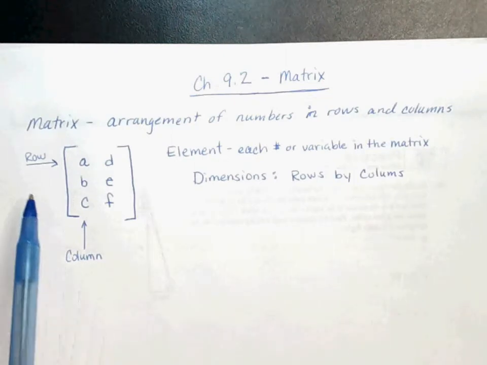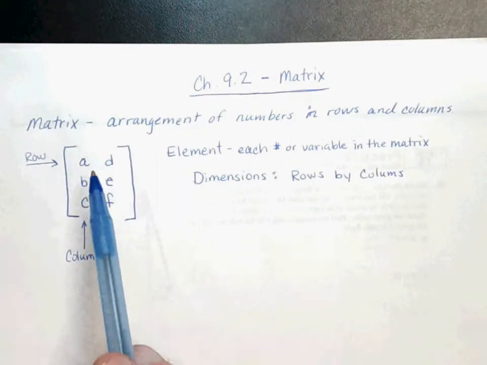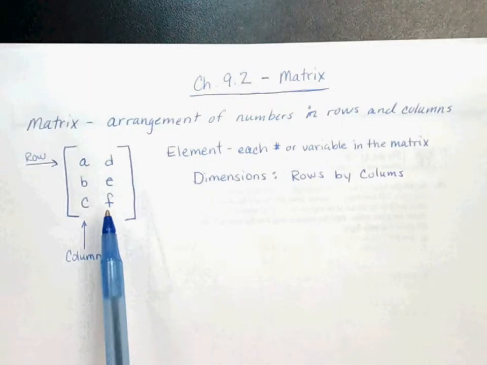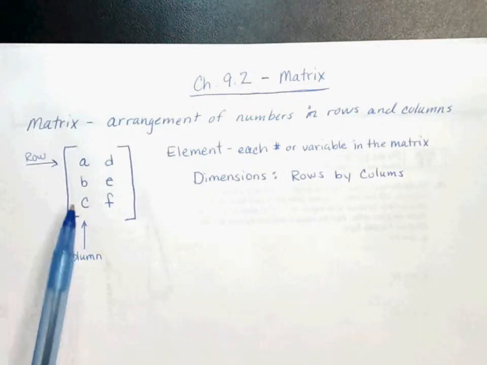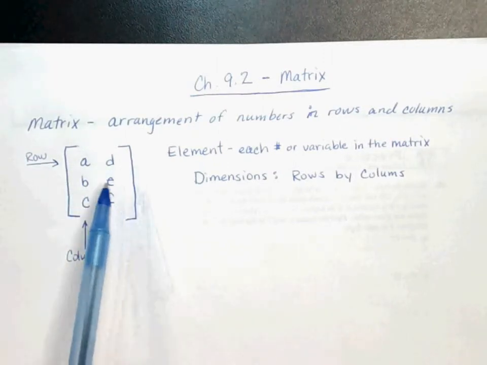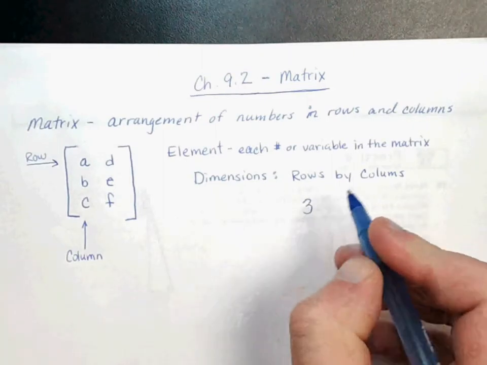So rows go horizontal, columns go vertical, up and down. In this case, when we're looking at this matrix, first we see how many rows it has. Well, it's got 1 row, 2 rows, 3 rows. So it's got 3 rows.